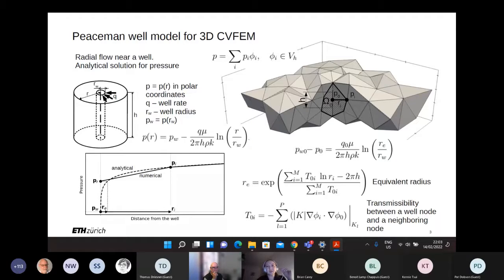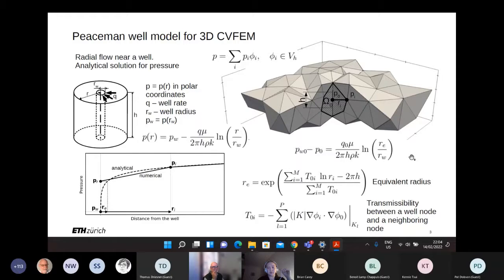And here on the right, there are some details of how this well model looks in our 3D model. So we're using unstructured grids, and here a single well node is displayed. And at this well node, we have two variables for pressure, the well pressure and the reservoir pressure, and all the other neighboring nodes just have the reservoir pressure variable.